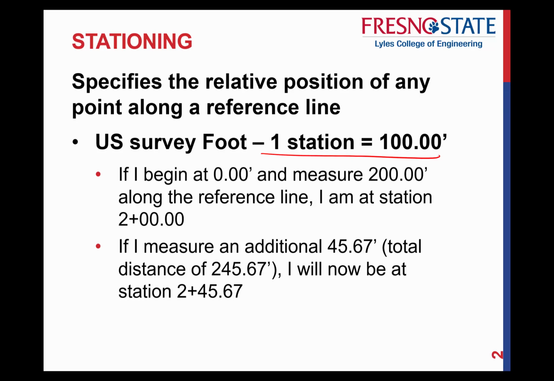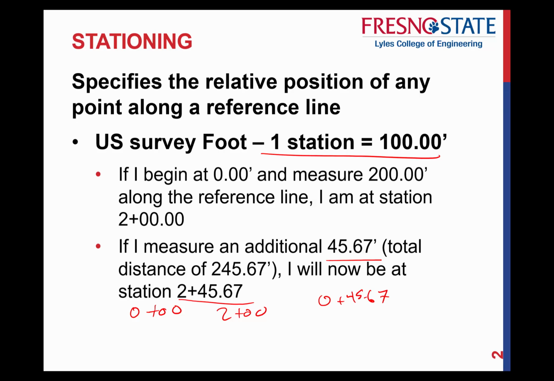So you can look at it this way: if you started here at 0 plus 00, and now you've gone 245.67 feet, let's write that in station notation. We've gone 200 feet, so first we went 2 plus 00, and we made it to there. Now we've gone an additional 45.67 feet, which in station notation you'd write as 0 plus 45.67.